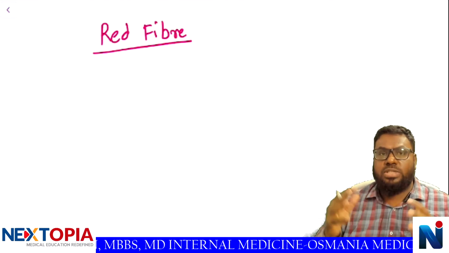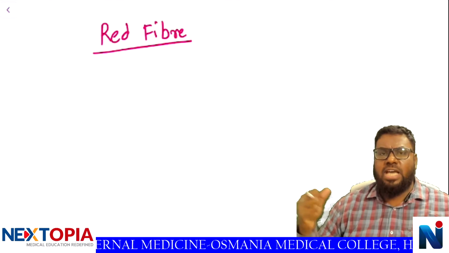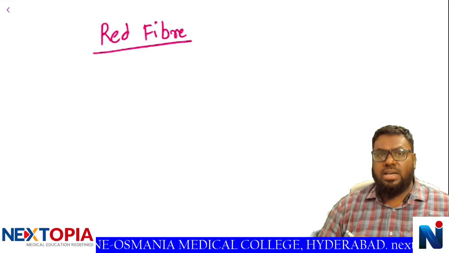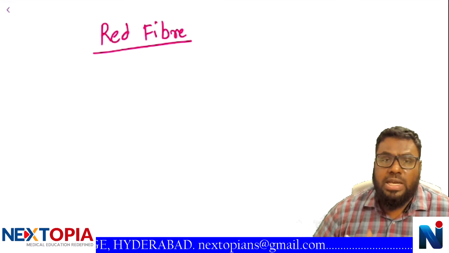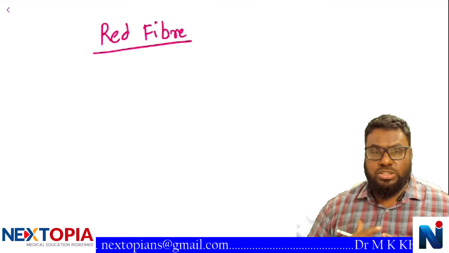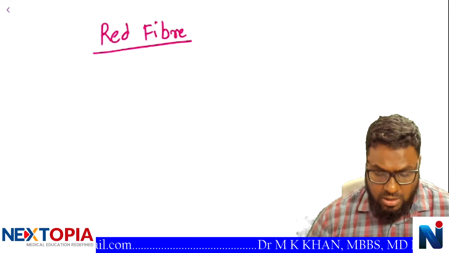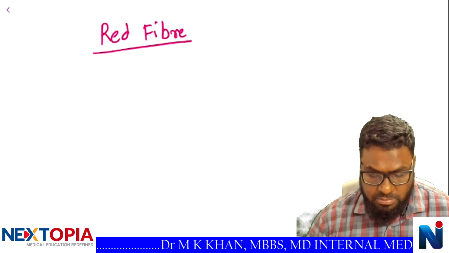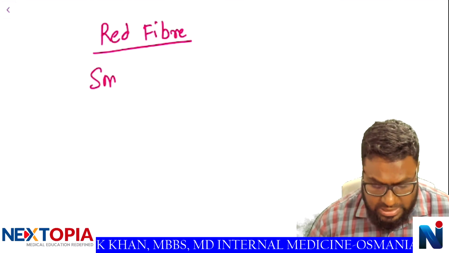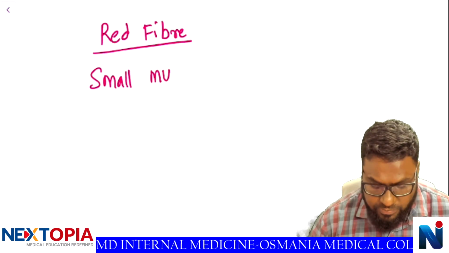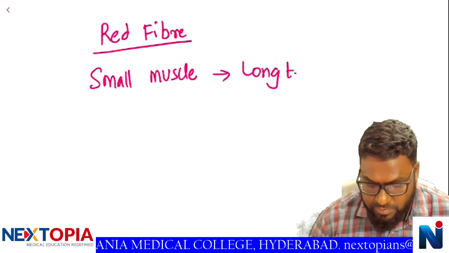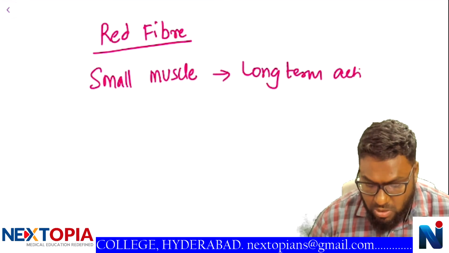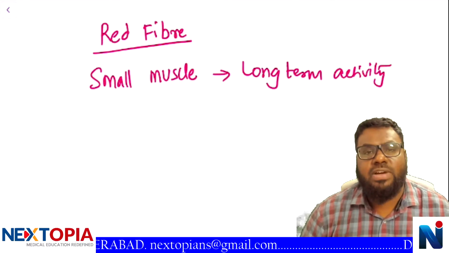A policeman has to stand on the road, or a security guard has to stand outside an apartment. So it is to maintain body posture for a very long time. We require endurance, long-term muscle activity. So small muscles which perform long-term muscle activity, you call it red fiber.